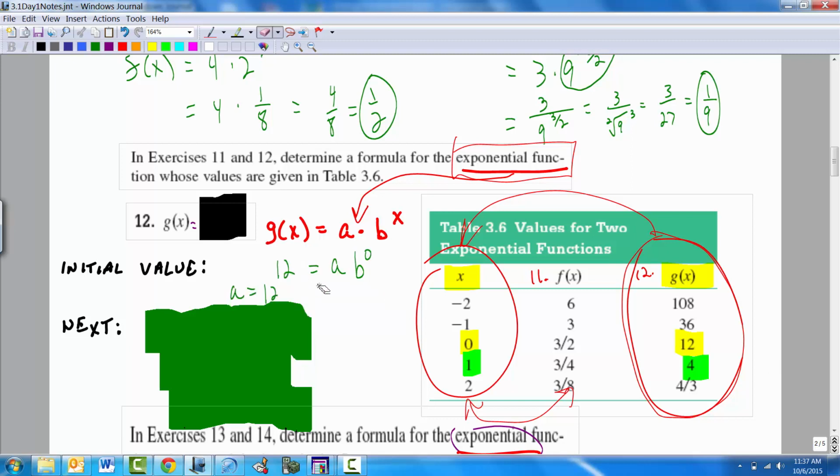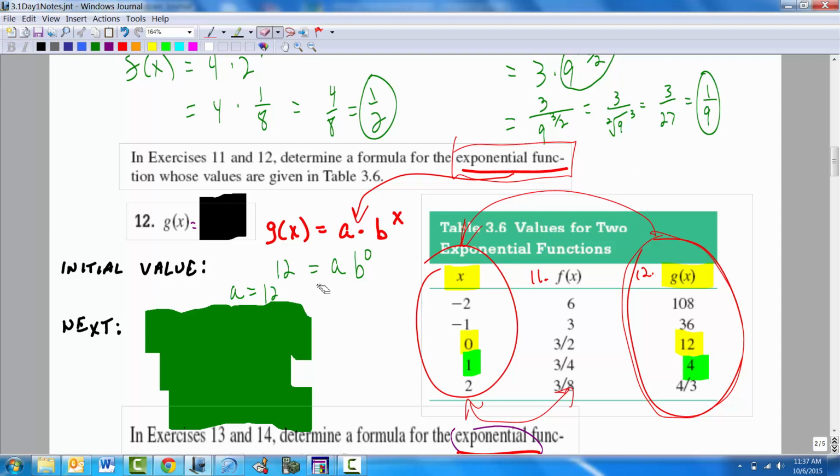You can plug in that 0, 12 coordinate. What's b to the 0, everybody? 1. So 1 times a equals 12. A must equal 12. So I just said, what's an initial value in an exponential situation? The 0 value. And it happens to be 12 on this one.